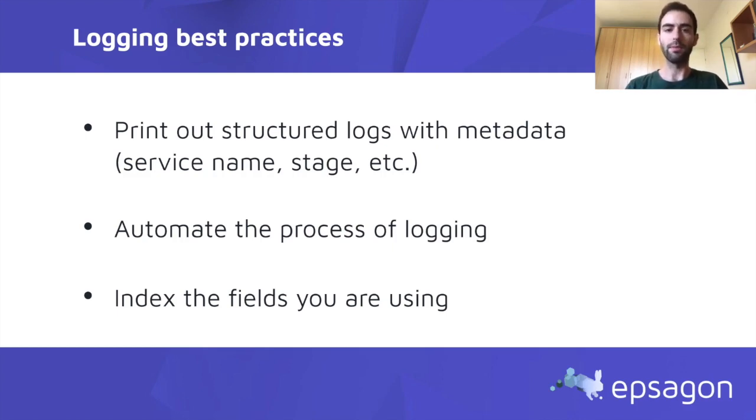I think the first and foremost helpful tip within logging is to print out JSON or structured logs with metadata. Instead of just printing raw lines of what happened in the code, try to print a JSONified or structured kind of payload that also tells us what the resource is, what the name of the service is, what stage we're running at, what the time frame is, and what function we're running.